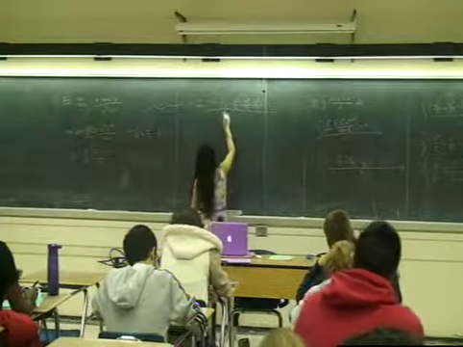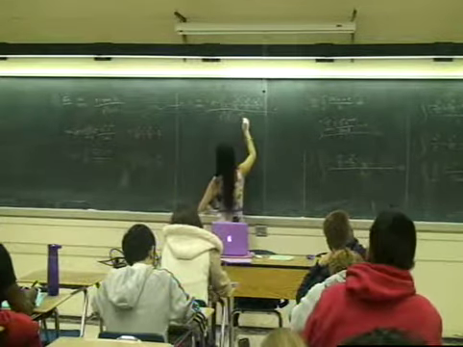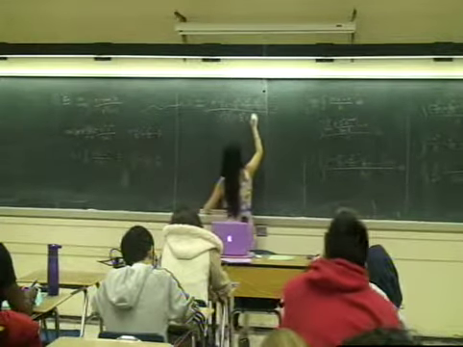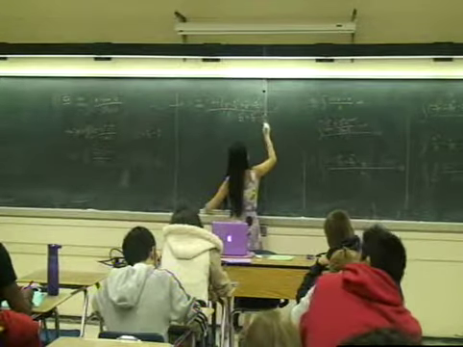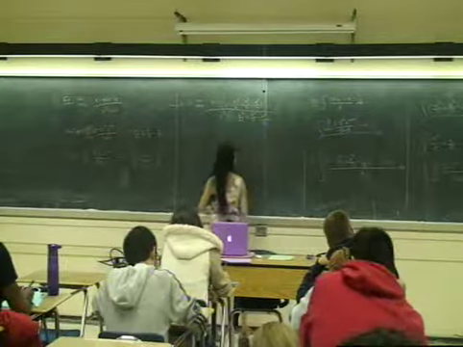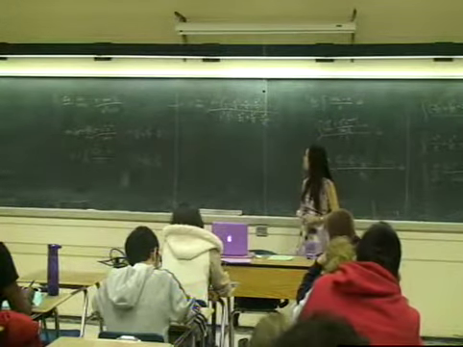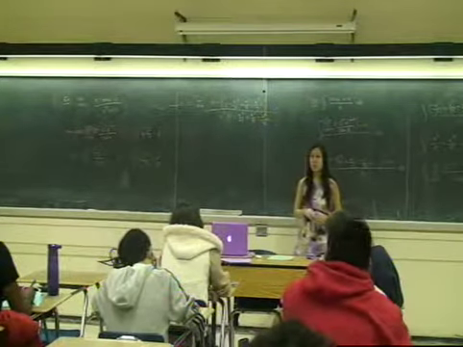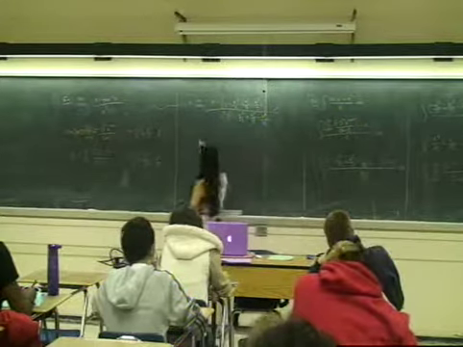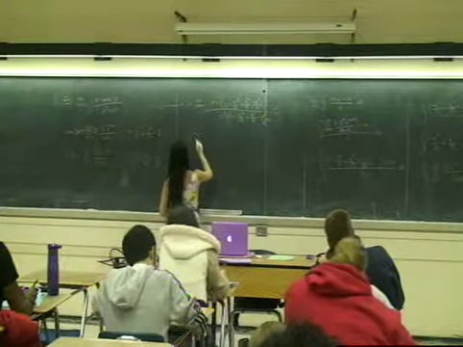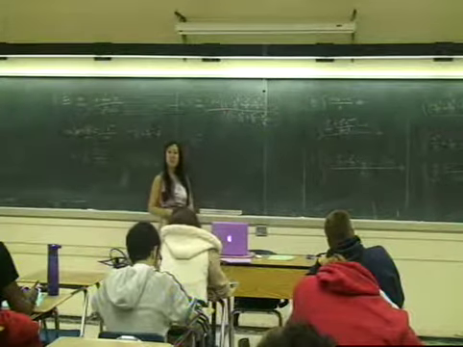And then I divide by x to the third times cosine, which was 1 minus x squared over 2 factorial, plus x to the 4th over 4 factorial, minus x to the 6 over 6 factorial, and so on. Okay?